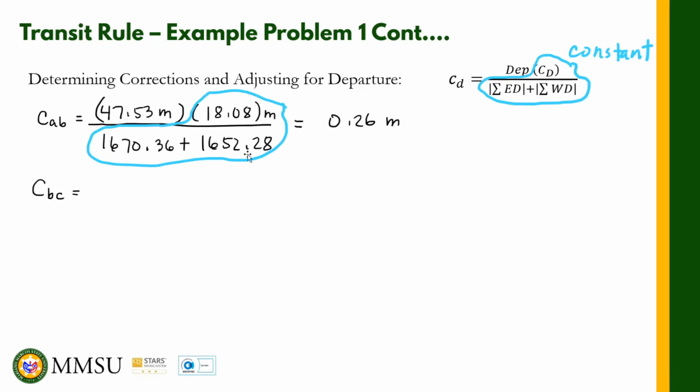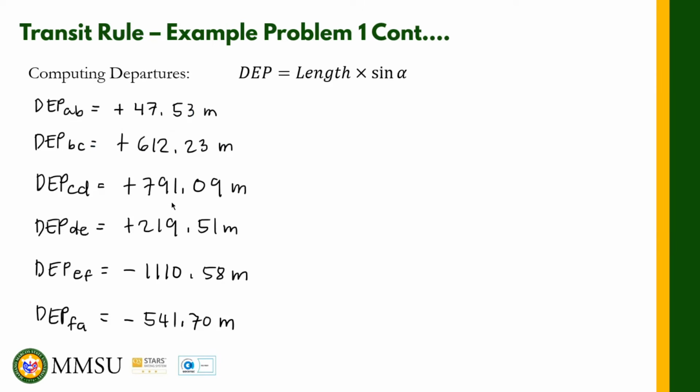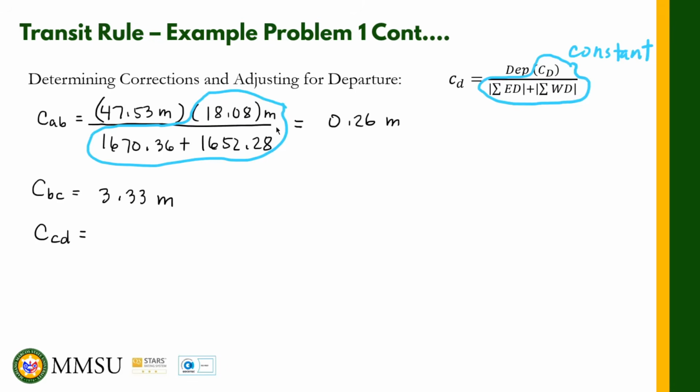Okay, multiplied by this value, and we should come up with 3.33 meters. Okay, for the correction of CD, the original departure of CD is 791.09. We just multiply this value, and we should come up with 4.31 meters.